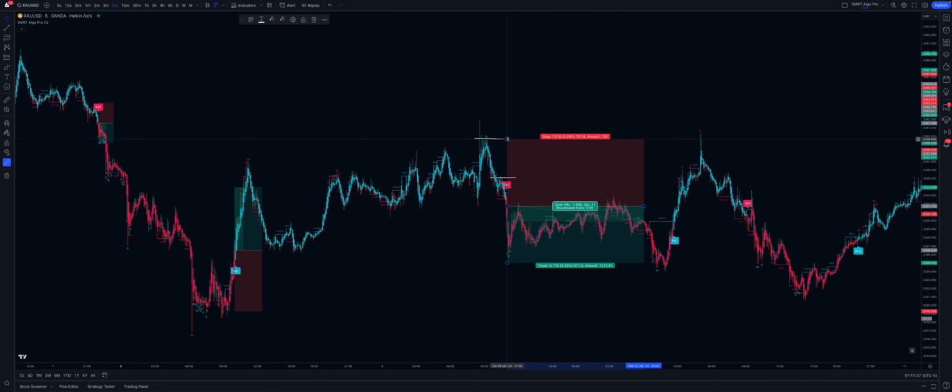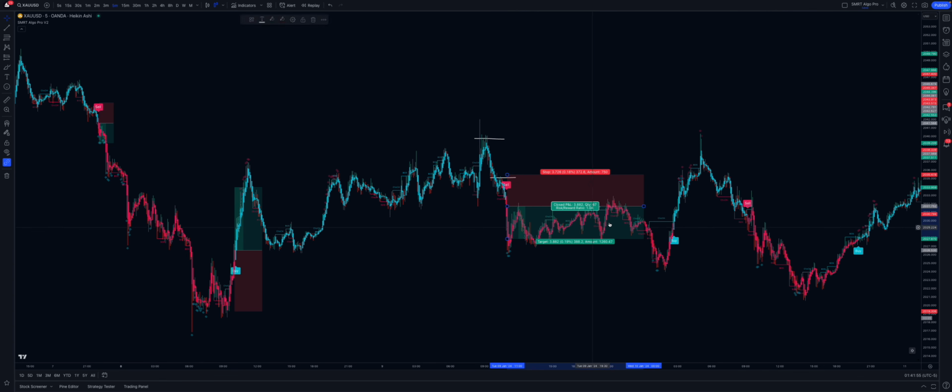A stop loss placed here might be a bit too much and it would require too big of a move, even though at the end I think it's still just about hit 1-to-1. But personally, for my own trading style, I would place it around this region here. 1-to-1 risk reward.